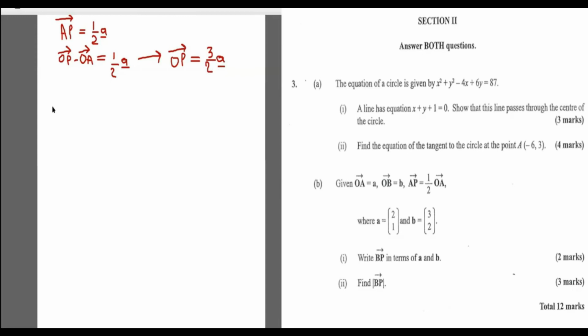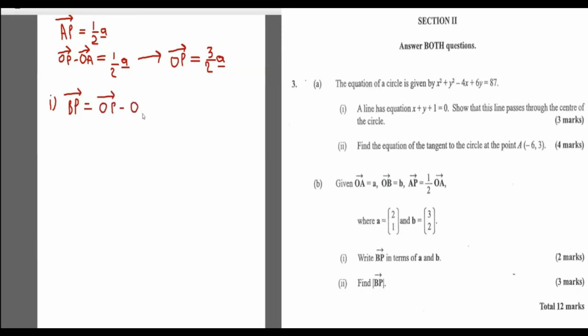First it says, write what is vector BP. So let's write down vector BP. It's the vector of the last minus the vector of the first. So vector BP is OP minus OB.